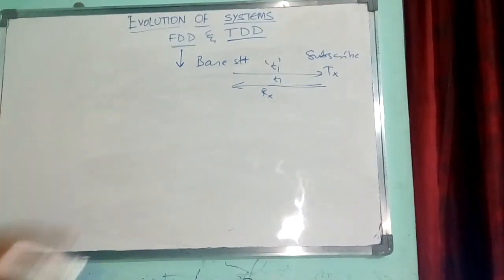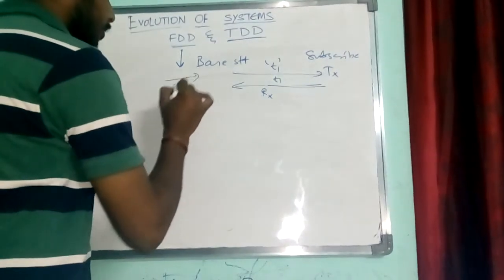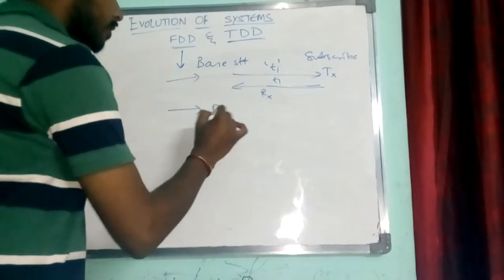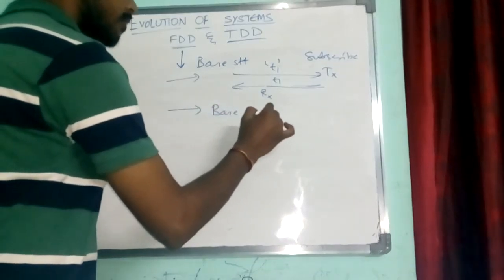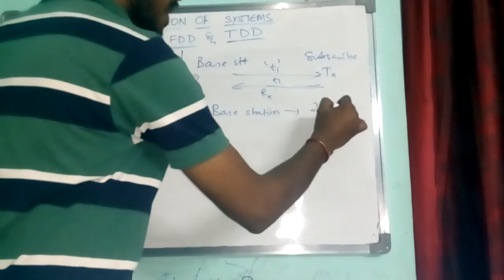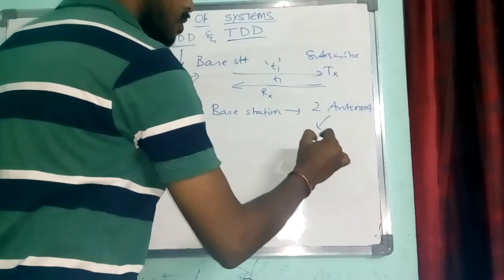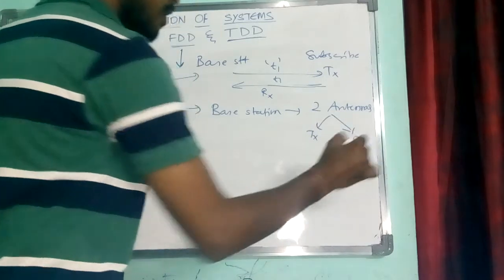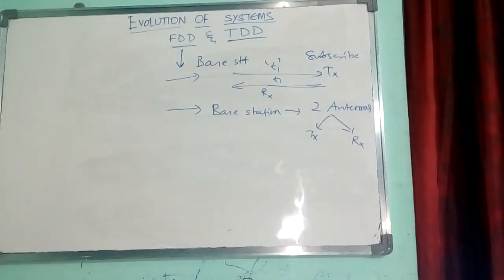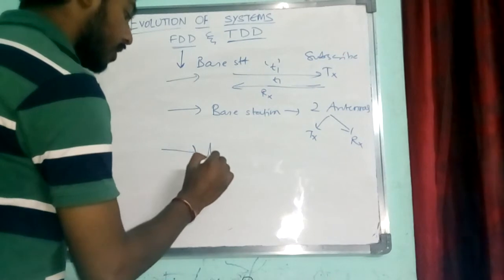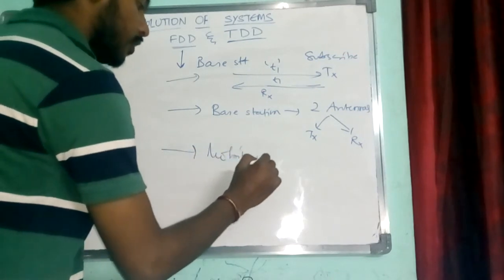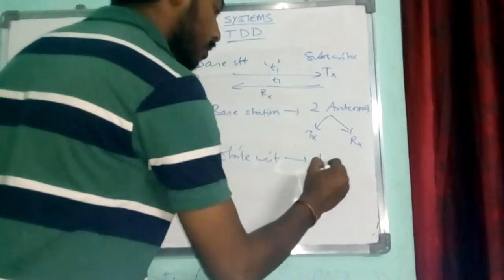But here what happens is, at the base station we have two antennas, one for transmission and one for receiving. Whereas at the mobile subscriber, at the mobile unit, we have only one antenna.